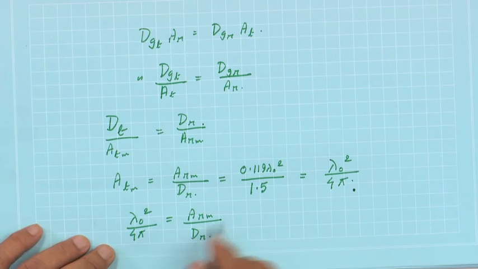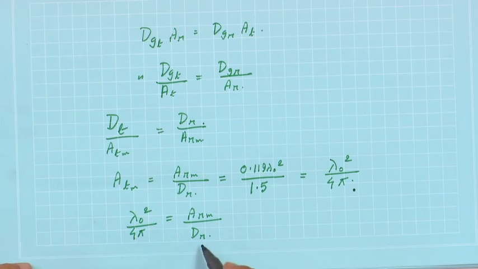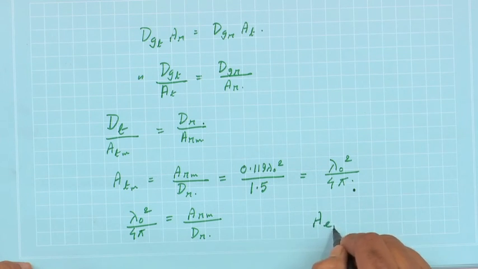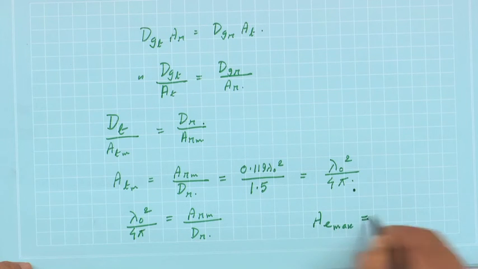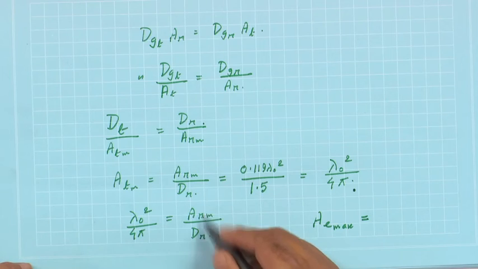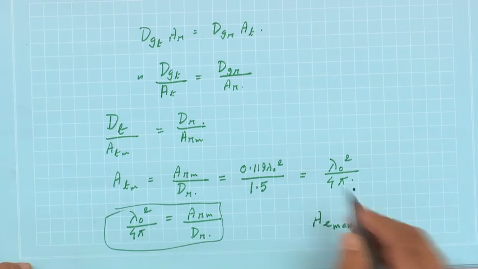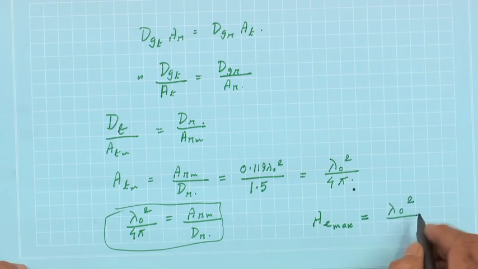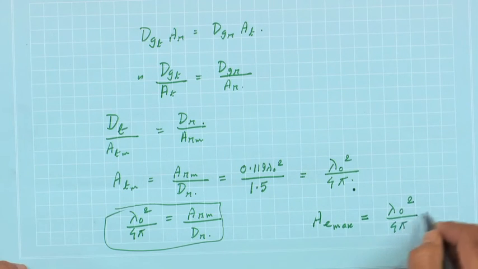So, from here we can say that AE max of any antenna, because now the R subscript I am leaving, so this is true for any general antenna. So, AE max is nothing but lambda naught square by 4 pi into D max.